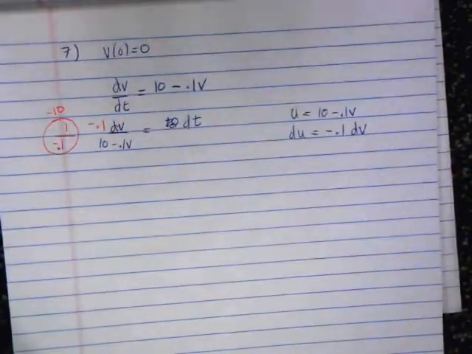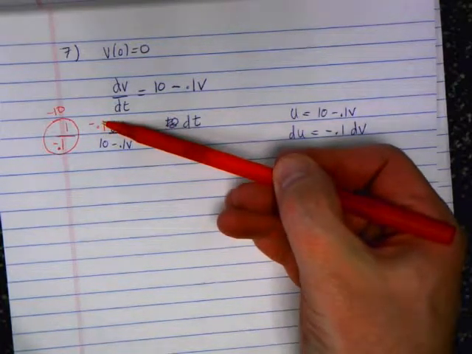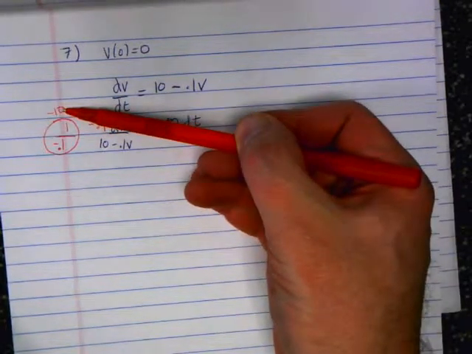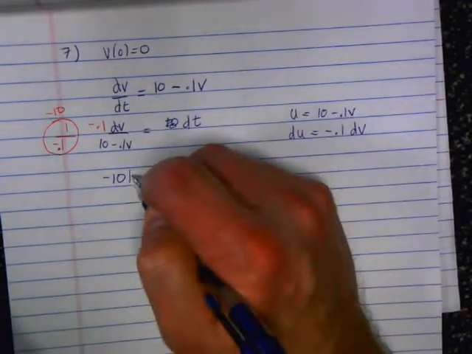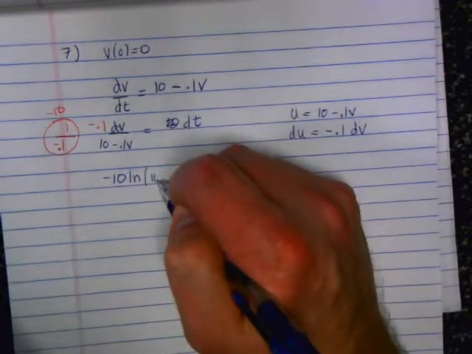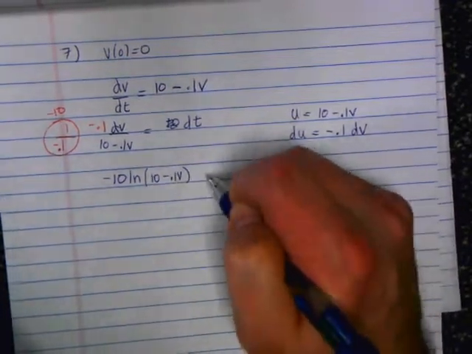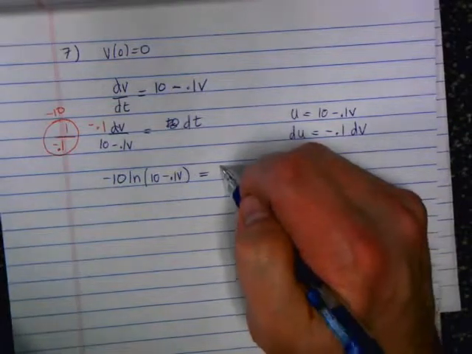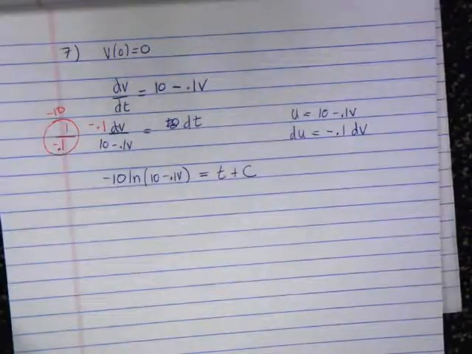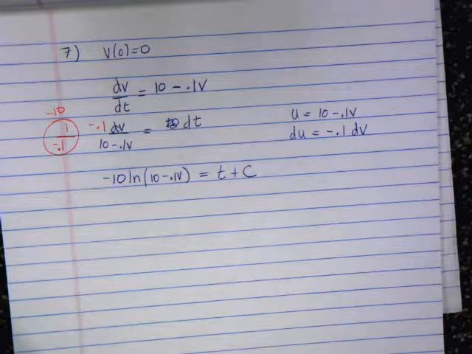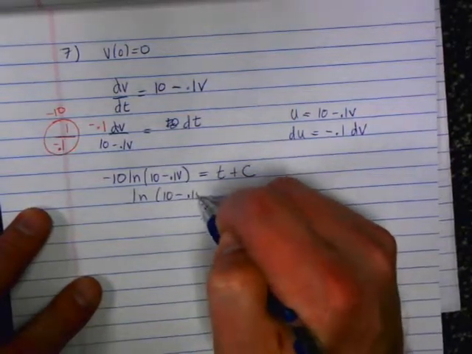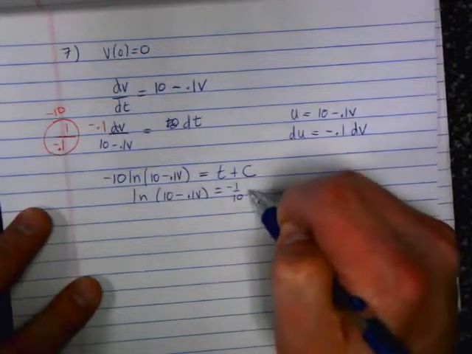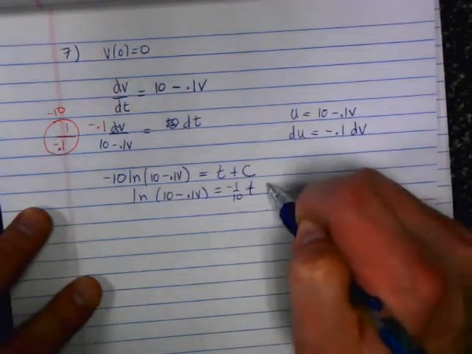So this number right here is the number negative 10. That's right. So I have to put in a negative 1/10, which means I need to balance it with a negative 10. Absolutely. So we're going to have negative 10 ln of 10 minus 0.1 v equals t plus c. Divide by that negative 10, then exponentiate. ln of 10 minus 0.1 v is negative 1/10 t plus c.